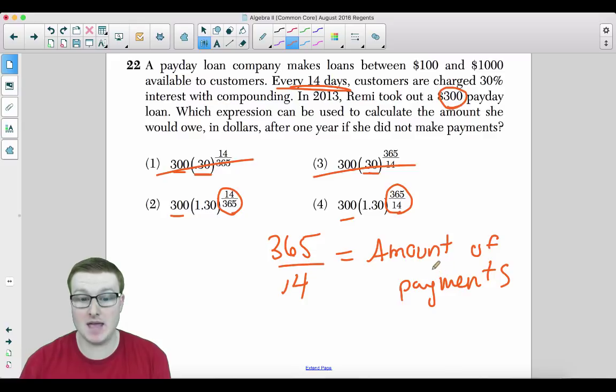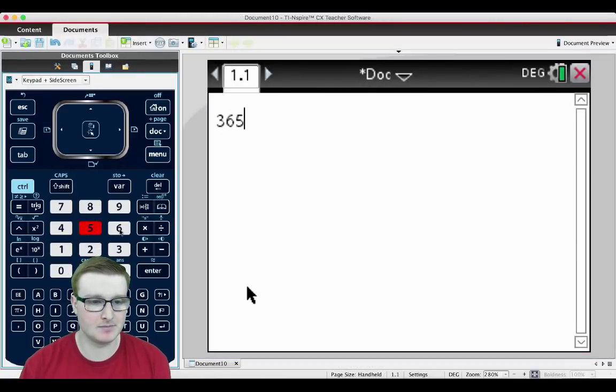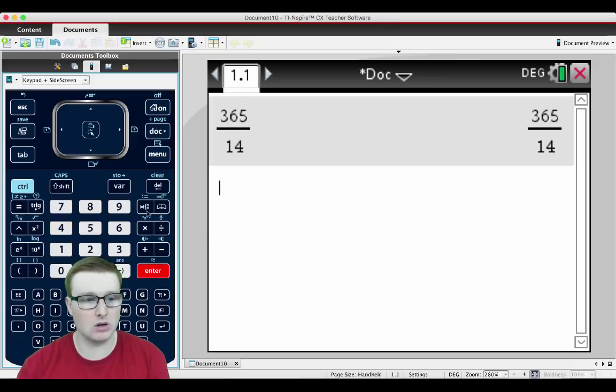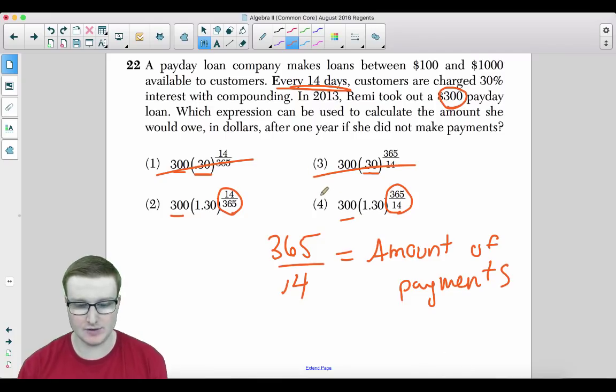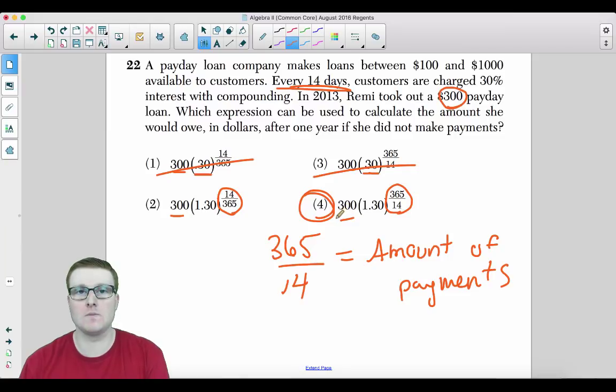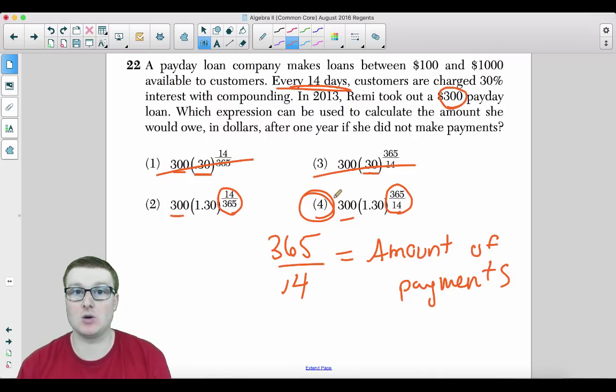So Remy, if she made her payments, but she didn't, she had to make a total of 26 payments throughout the course of the year. So your answer for this one is choice 4. That is the amount of dollars she would owe if she did not pay anything, because she owes 26 payments from that equation.